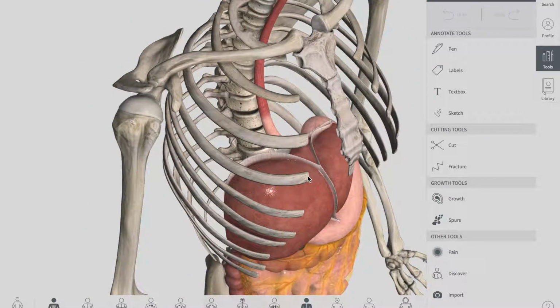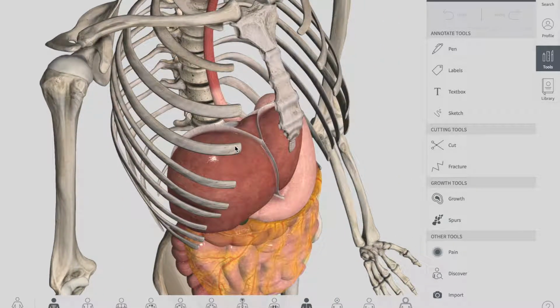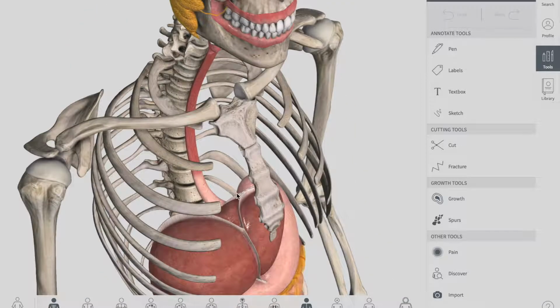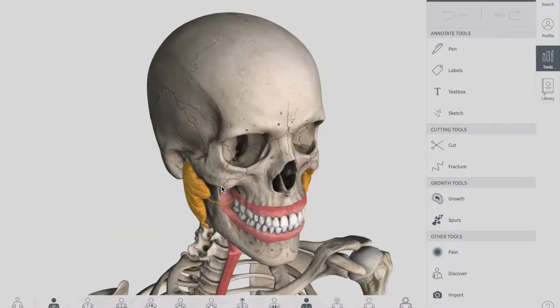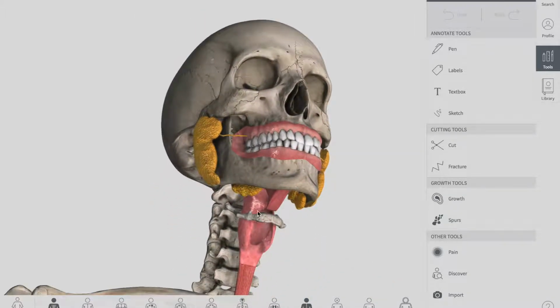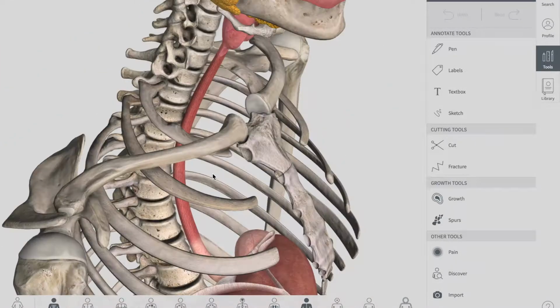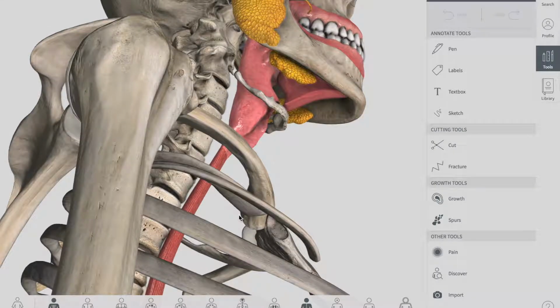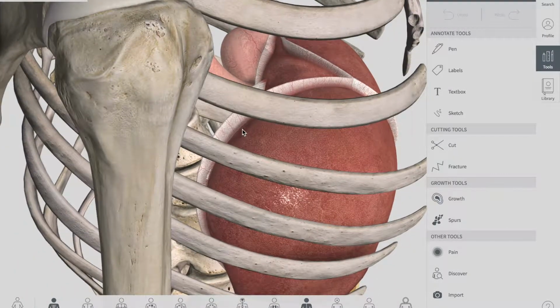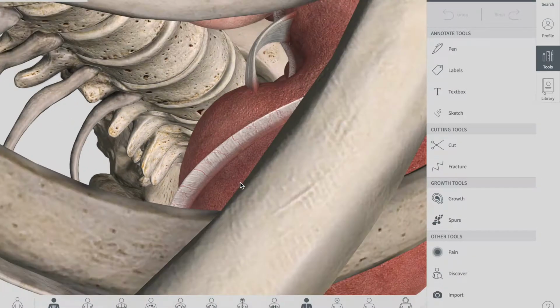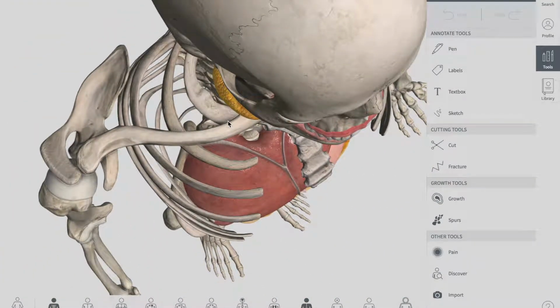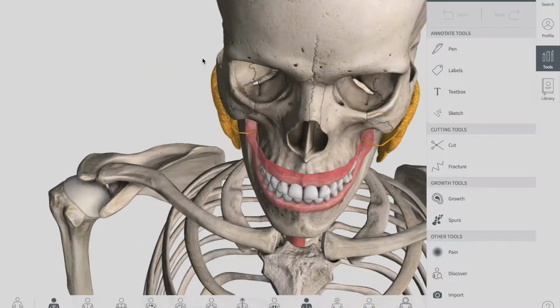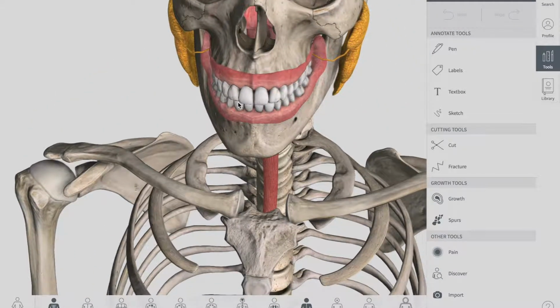Remember that your esophagus originates at the inferior border of your cricoid cartilage, right over there, and extends to the cardiac orifice of your stomach at the level of T11.